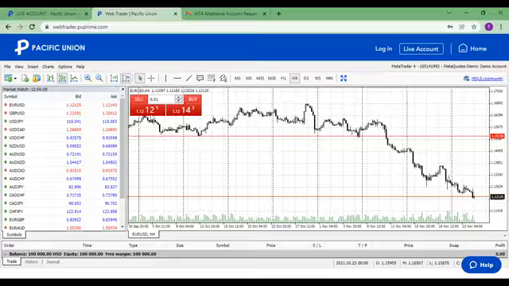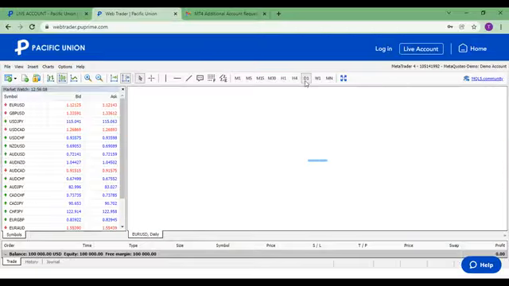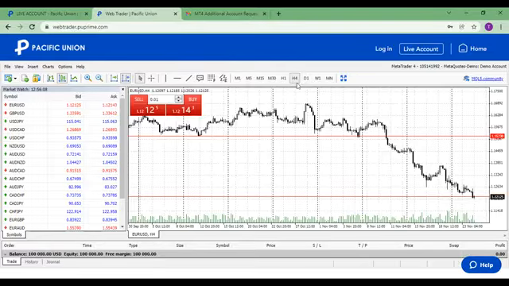So here we have the Euro USD, and you see that I already mapped out the zone. Okay, let's go to daily. My chart is loading. While it's loading, let me come back here and zoom out a bit and see it.